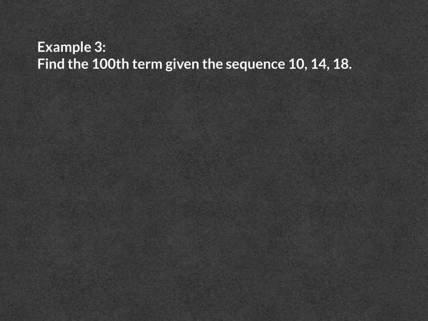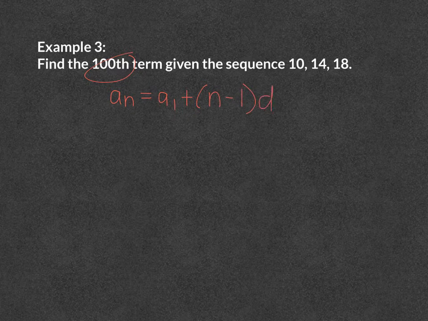Example number 3. Find the 100th term given the sequence 10, 14, 18. Since I'm looking for the 100th term, that means I'm going to use the formula, which is a sub n equals a sub 1 plus n minus 1 times d. So with this formula, you will be able to find any term you want in any sequence.